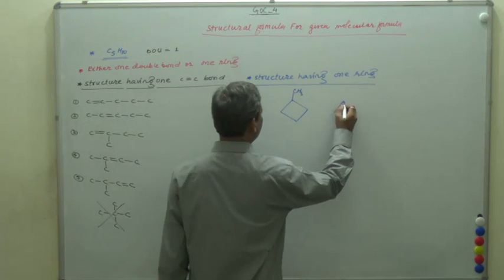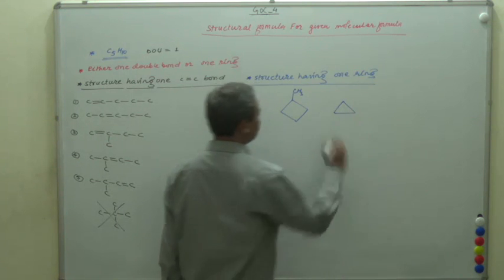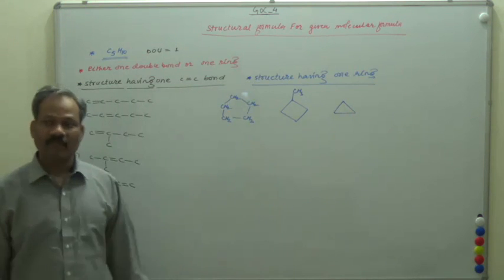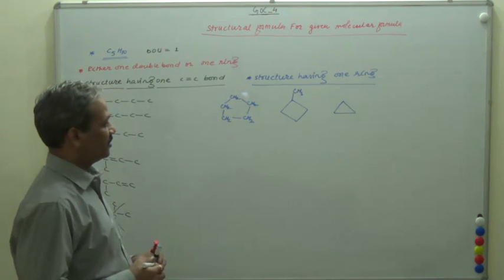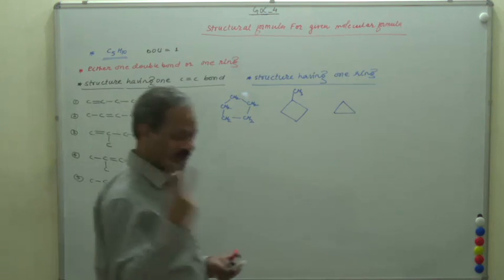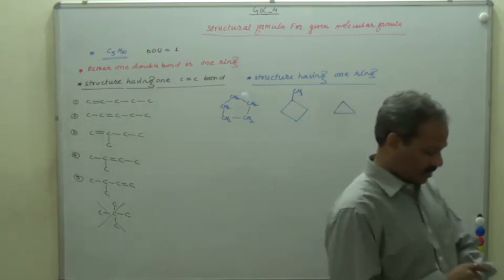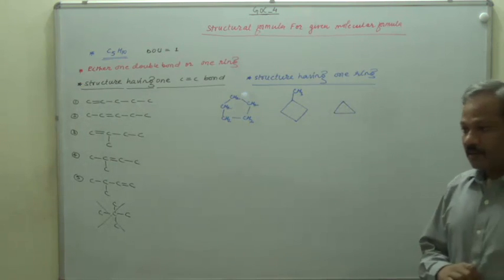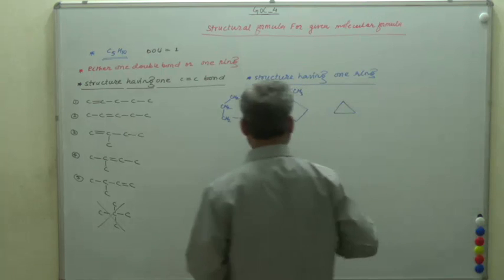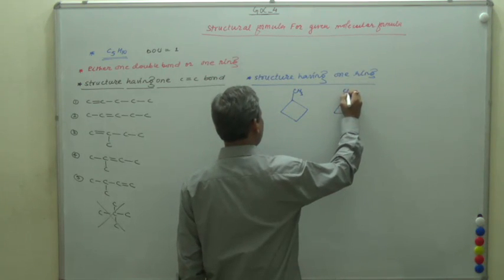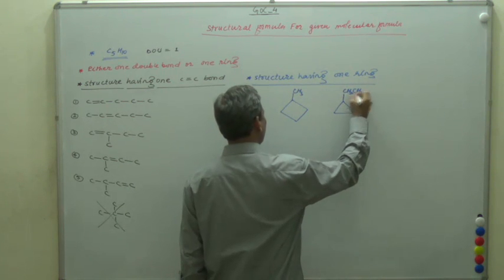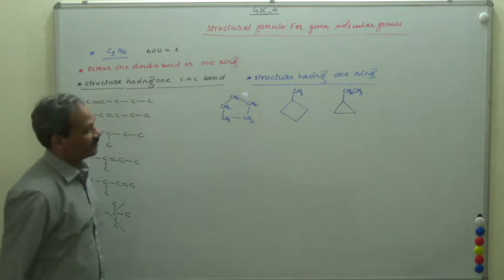Next, we can reduce the size of the ring by one more carbon atom, and now we are left with 2 carbon atoms. These 2 carbon atoms have to be placed as side chains. So the first possibility is to place one side chain having 2 carbon atoms.